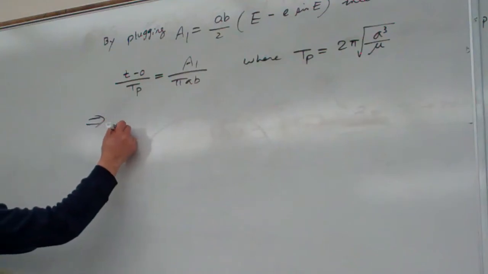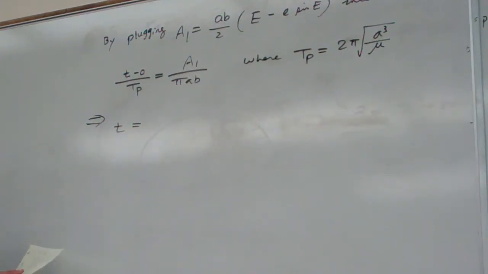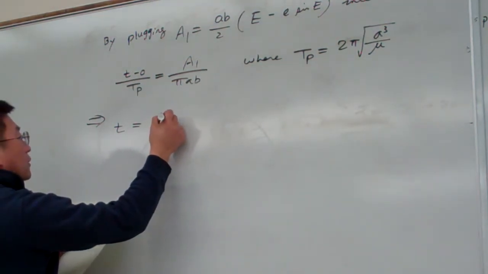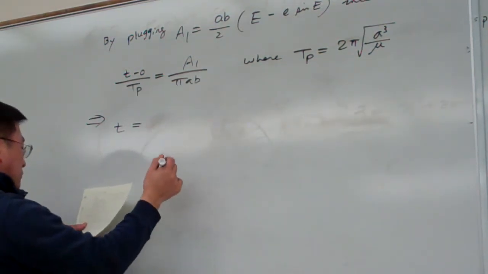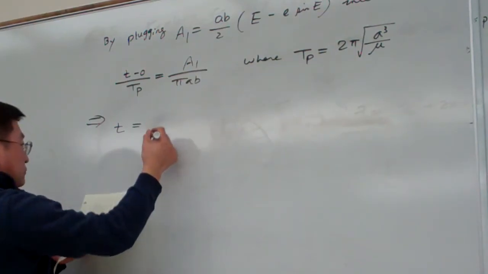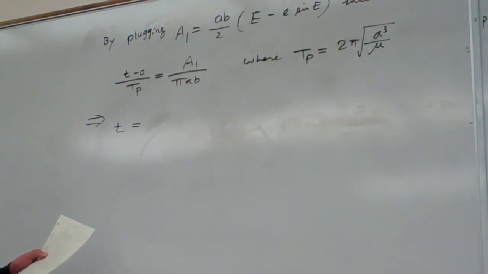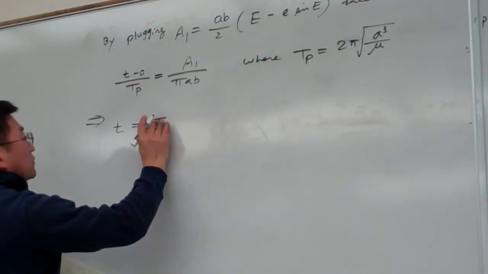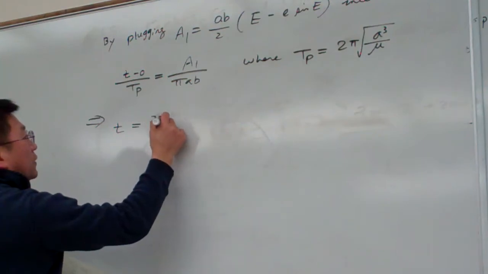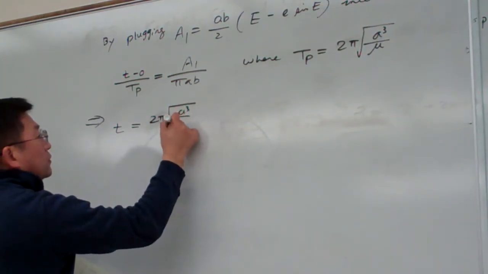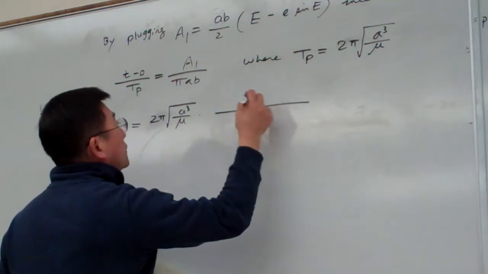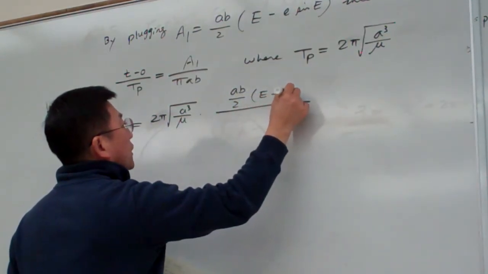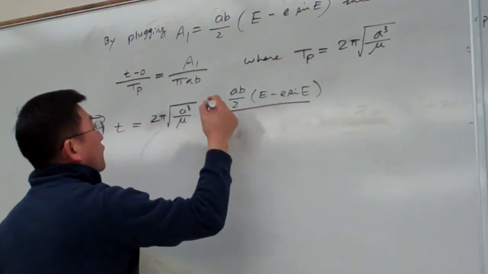So here T will be equal to simply plugging in. So we just do it. So that is Tp, 2 pi square root of a cubed over mu, times A1, ab over 2 times E minus e sine E, divided by pi ab.